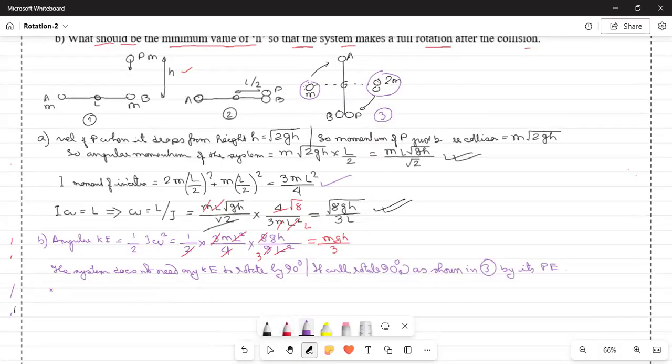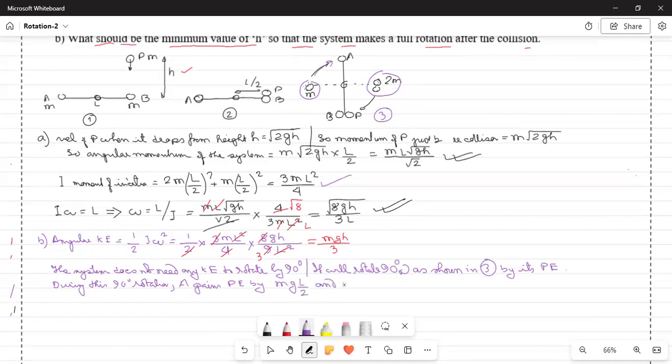During this 90-degree rotation, A goes upward. So A gains potential energy. A gains potential energy by how much? mgL by 2.